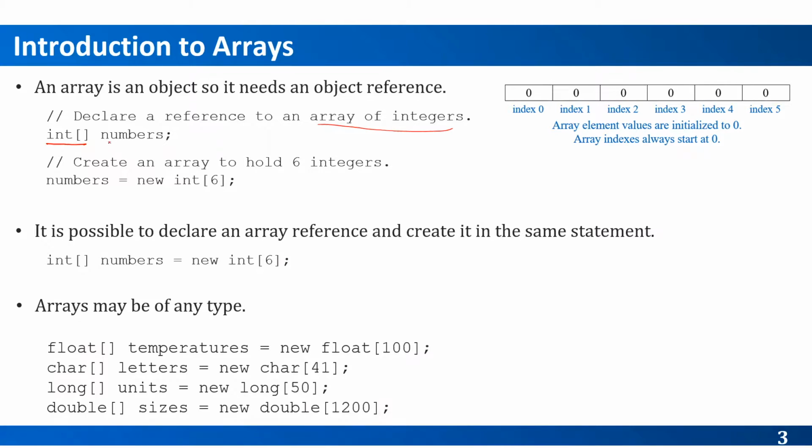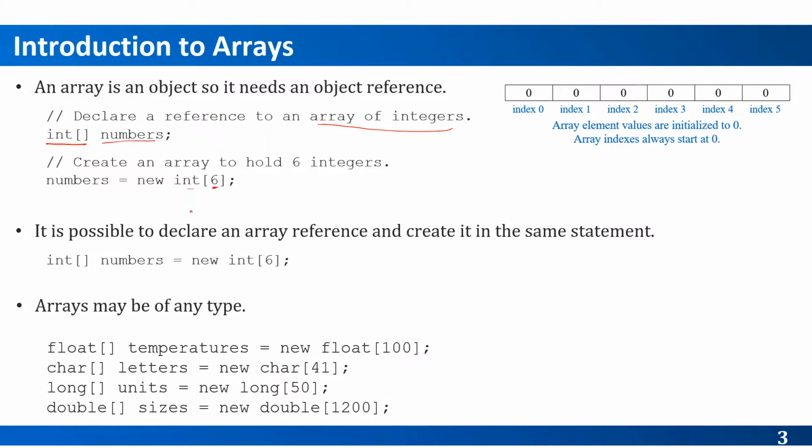I'm going to give it the reference variable numbers, and then later on I'm going to assign a value to it, or not a value, I'm just going to declare or reserve the memory for it. So numbers is equal to new keyword and then int again, and this time I need to give a number which is 6 places for integers.